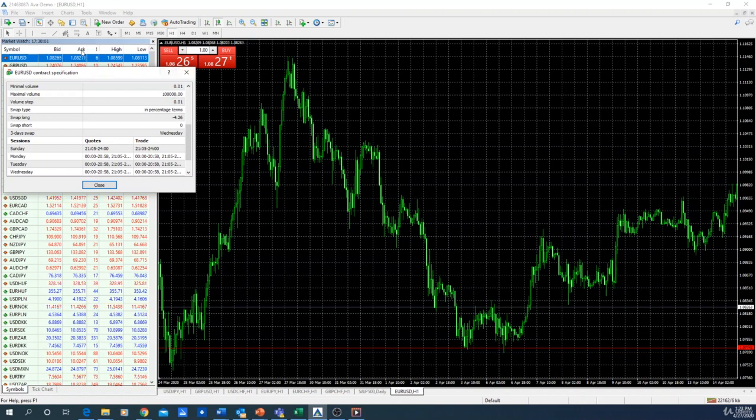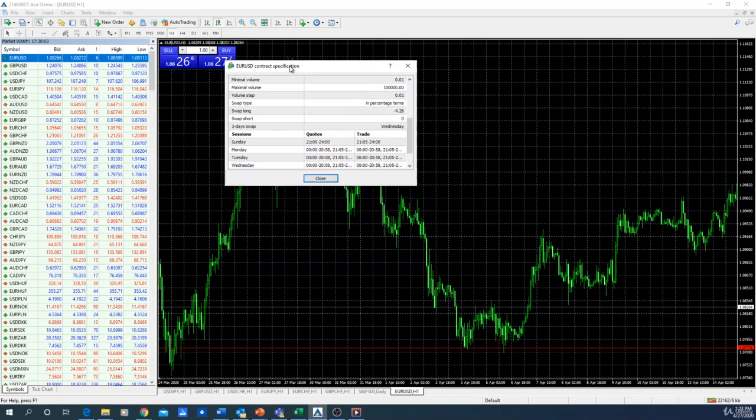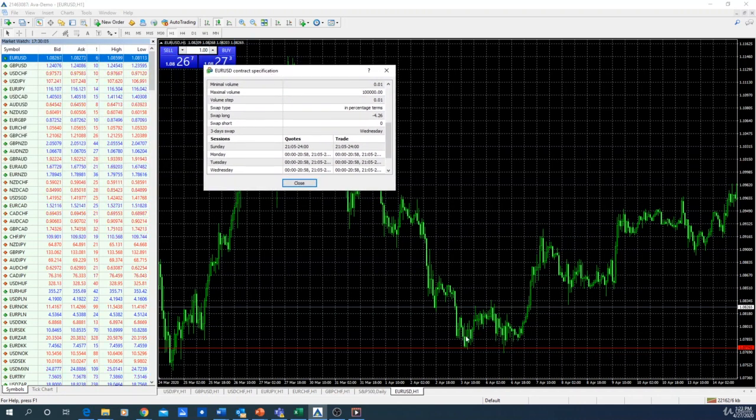So in the first case, in the Euro USD with AvaTrade, say you opened up a buy transaction and you kept it for 2 or 3 days, it will cost you 4.26% to hold it yearly, but you will pay this on a daily basis. So you will pay a small amount on a daily basis.